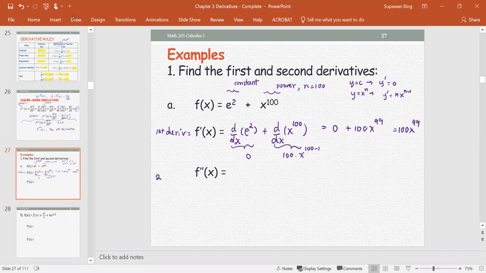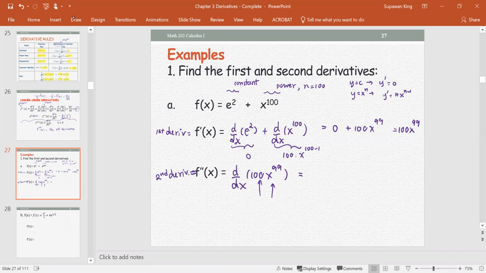And then we find the second derivative, or f double prime, as d by dx of 100 x to the power 99. For this situation, we have the constant 100 multiplied by the power function x to the power 99.